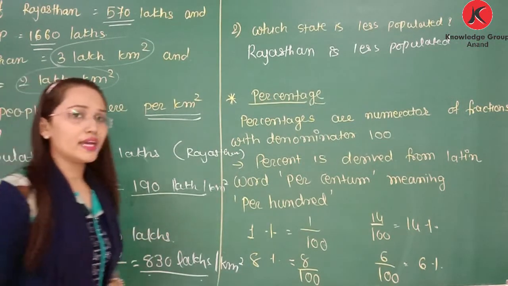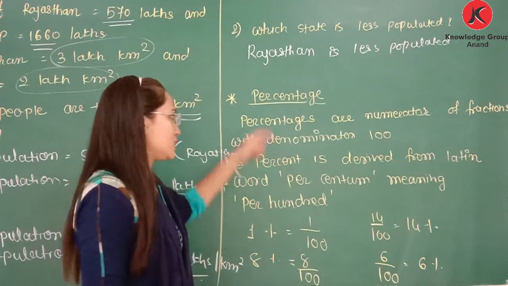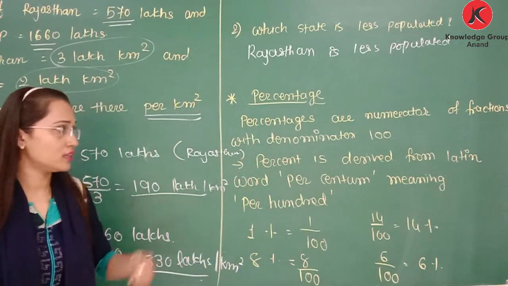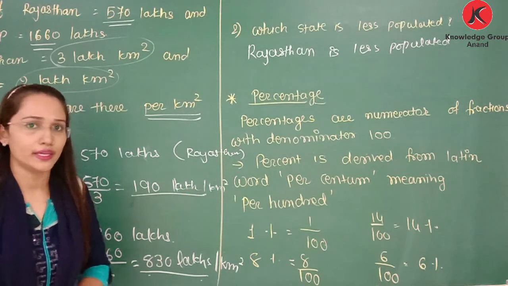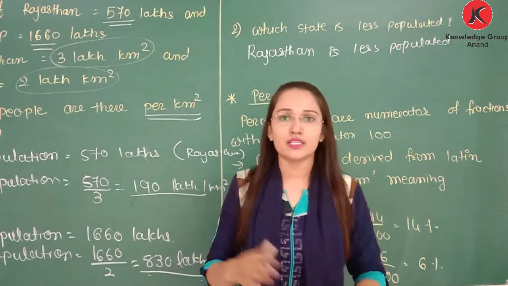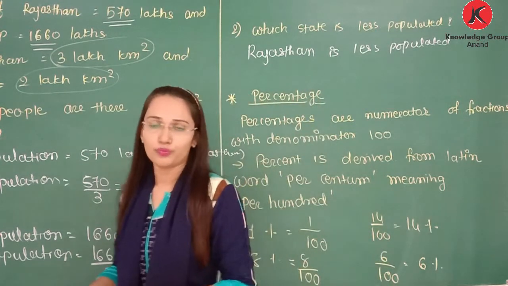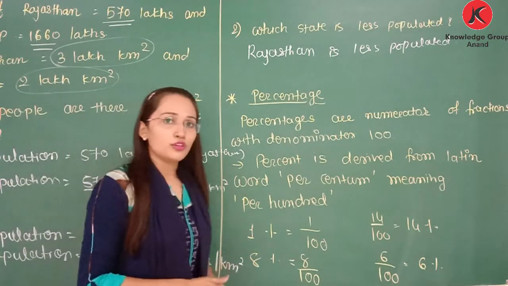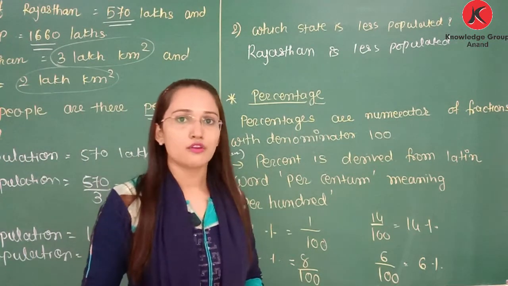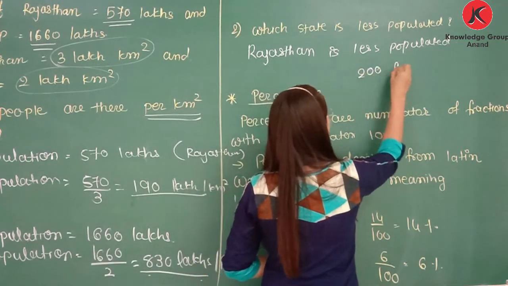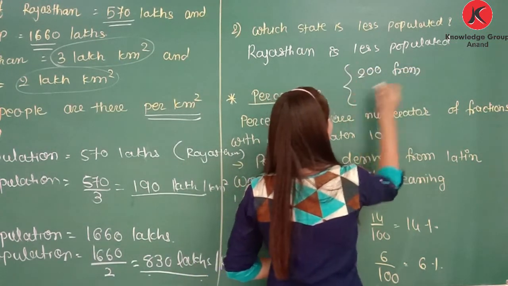Now the second method of comparing quantity is percentage. It is also one method to compare two quantities. Let's take one example. You and your friend are living in your neighborhood, but both are in different schools. So you got 200 marks from 250.